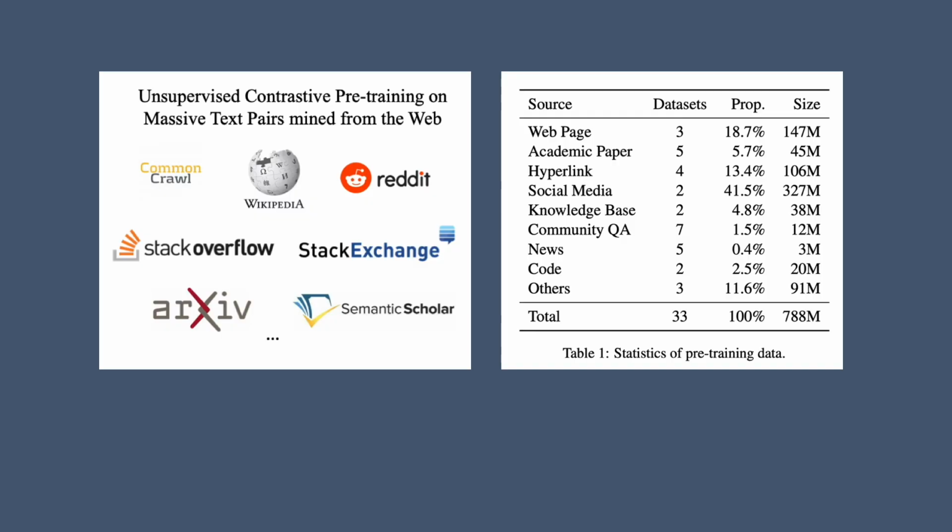What really stands out in GTE is the process of gathering pre-training data. For unsupervised pre-training, they gather large-scale text data from the web, about 800 million text pairs, without needing manual annotations. Although there are slight differences between sources, they generally gathered text pairs by using the title of the source as the query and the main content as the document.